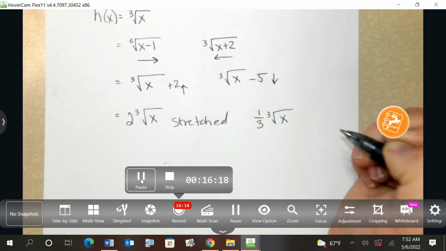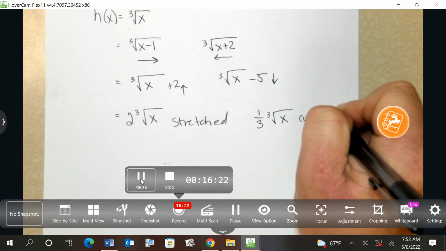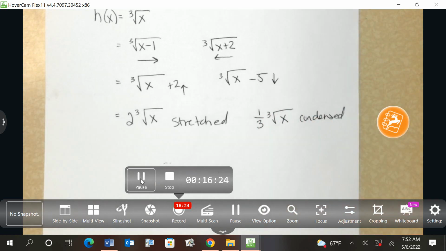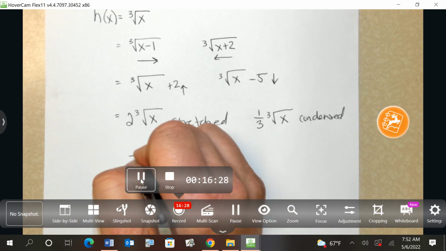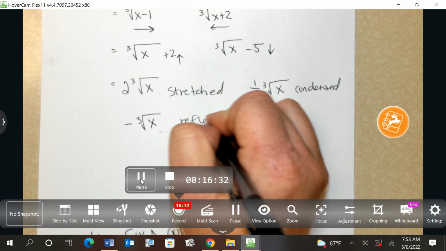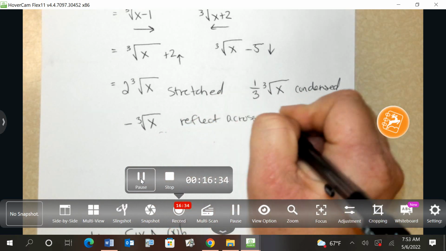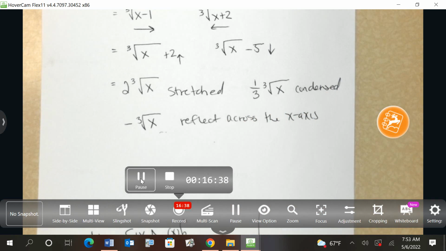Condensed, it's a flatter version, but they use the word condensed. That's the math term they use to describe. What happens when there's a negative that goes in front? So a negative in front means that we are going to reflect across the x-axis.